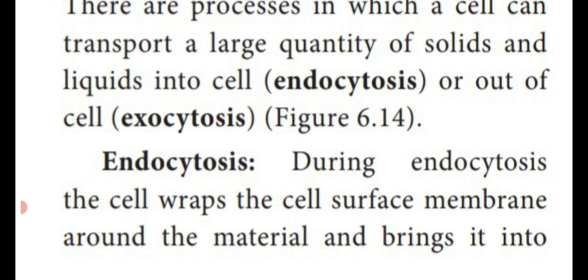First, endocytosis. How are they transporting a large quantity of solids and liquids inner to the cell? At the time of endocytosis, the cell wraps the cell surface membrane around the material. That means the outer side contains a large amount of molecules and ions.